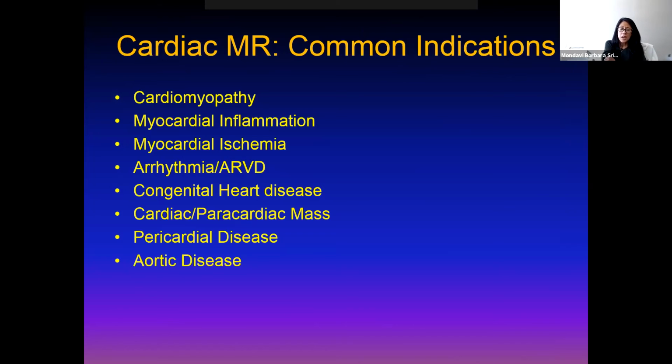So MR, a lot of you have been ordering a lot of MR studies these days. As we know, we use it a lot to evaluate patients with cardiomyopathy, myocardial inflammation, myocarditis. It has a lot of indications, mainly because of its strength in tissue characterization.